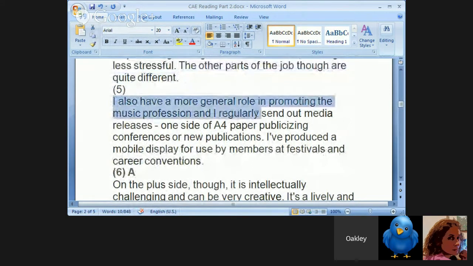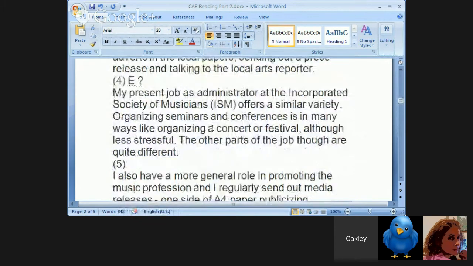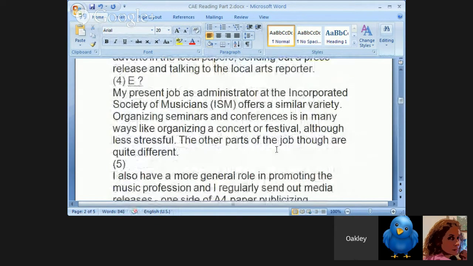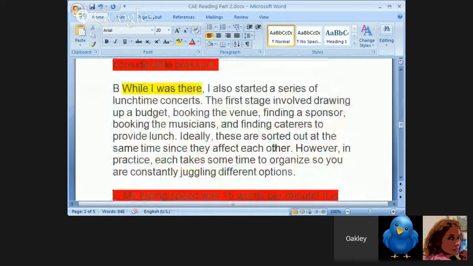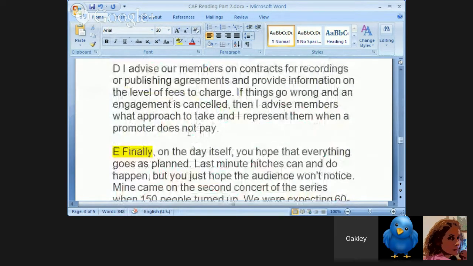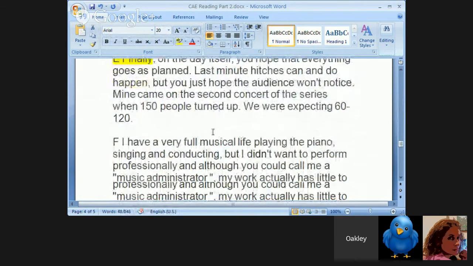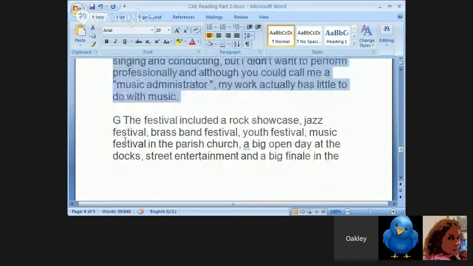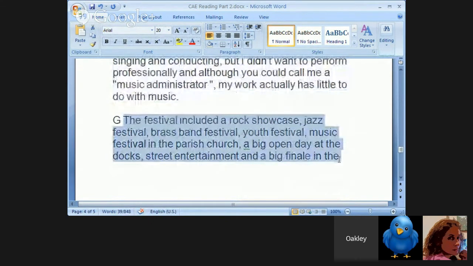I also have a more general role, blah, blah, blah. 5 is definitely describing his job as an administrator, not talking about concerts. Which could be D, frankly. I think maybe 5 is a toss-up between D and F. Then G, we're again talking about concert.